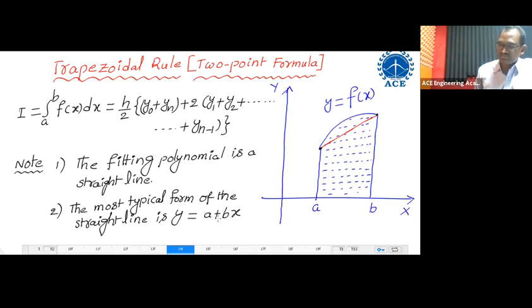To get the values of a and b, it has to pass through a minimum of 2 points. That's why it is called a 2-point formula.